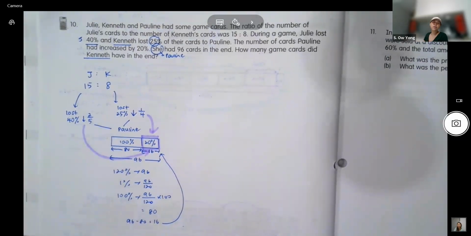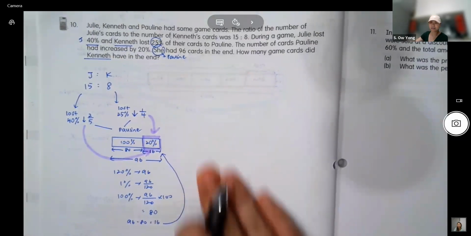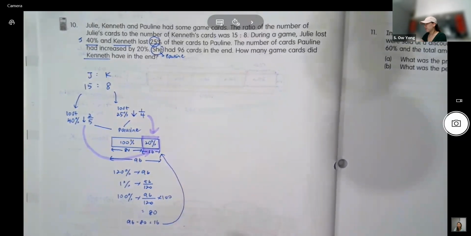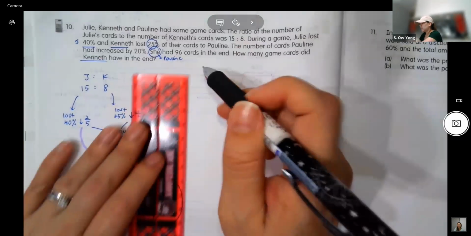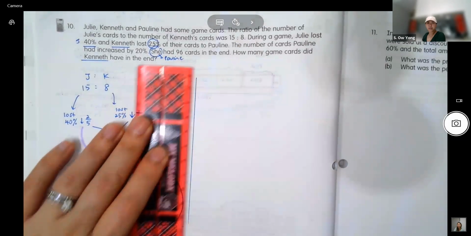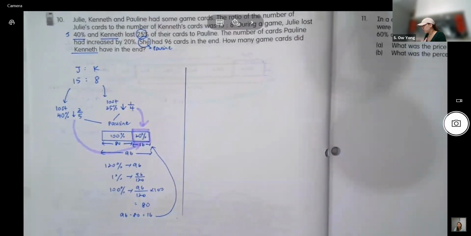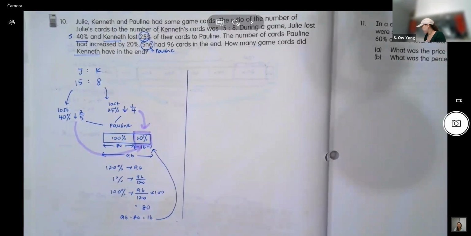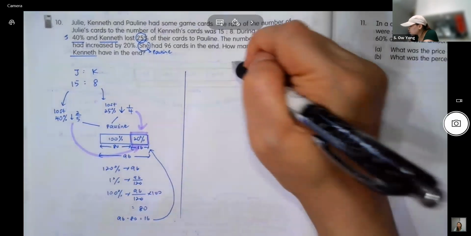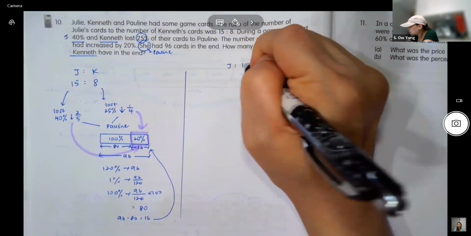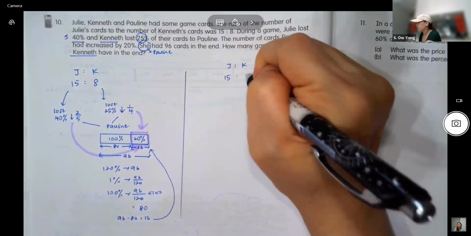Even if you cannot solve, you solve until here, you will get method mark already. Okay, you will get method mark. So I'm going to draw a line so that we can continue to solve. All right, I rewrite the Julie and Kenneth, the 15 to 8.